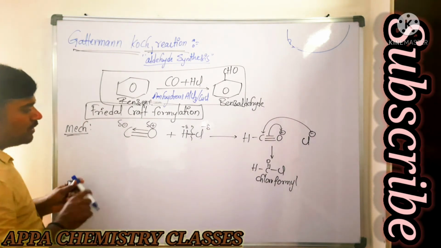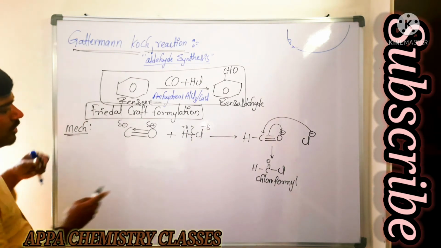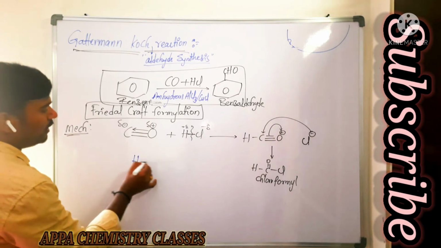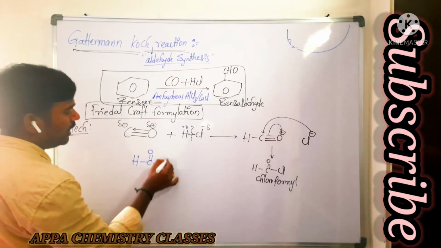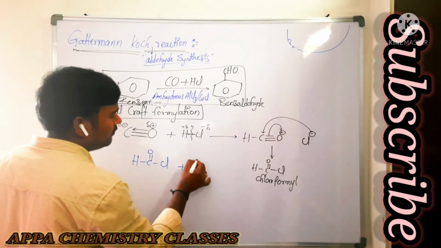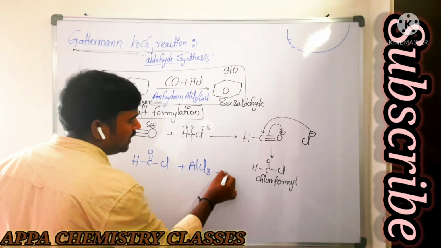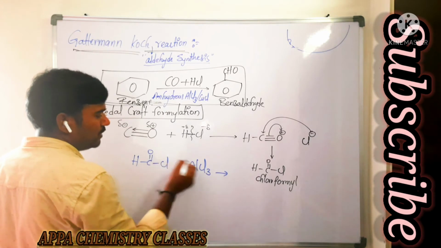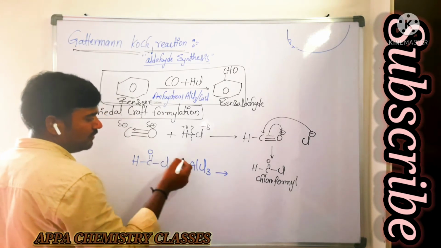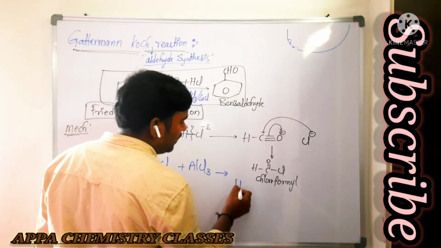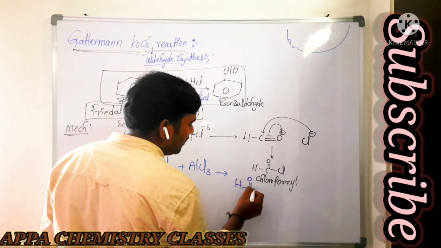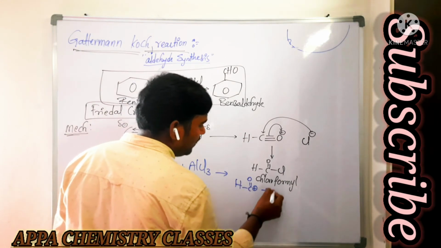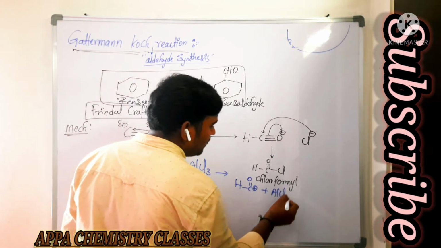Now after that what happens? Whatever chloroformyl we got, that chloroformyl reacts with the anhydrous AlCl3. So this AlCl3 is an electron deficient one, so it combines with chlorine. This heterolytic bond fission takes place and we are getting formyl carbocation plus AlCl4 minus.